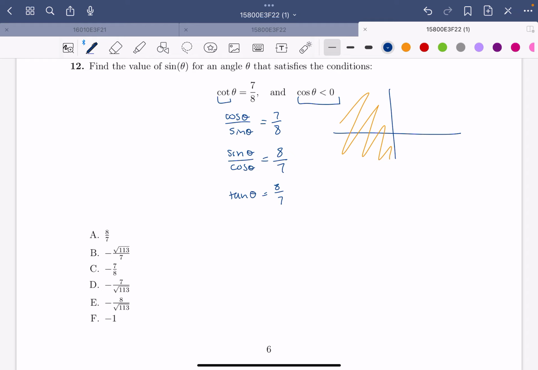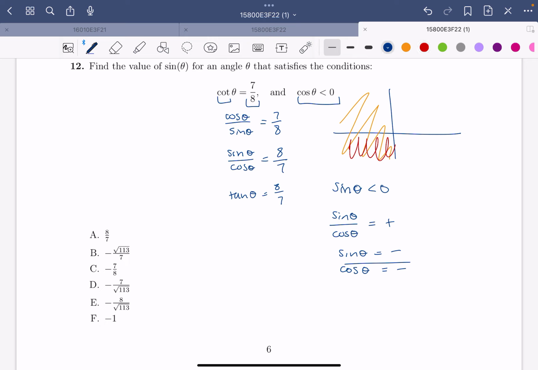Now, because this original condition, the cotangent equals 7 over 8, is positive, we also must say that sine theta is less than 0, because if we look at the tangent term, sine theta over cosine, for it to be a positive number, sine theta being negative and cosine theta also being negative makes it positive. So now we know we have to narrow it down to the third quadrant.